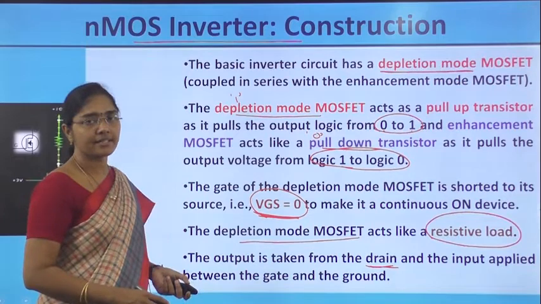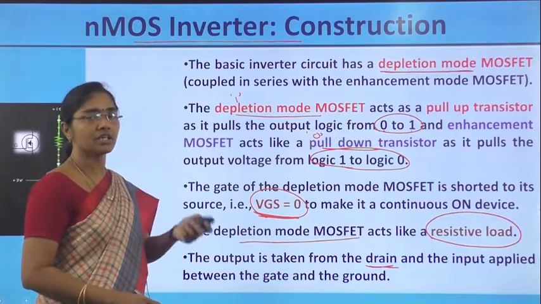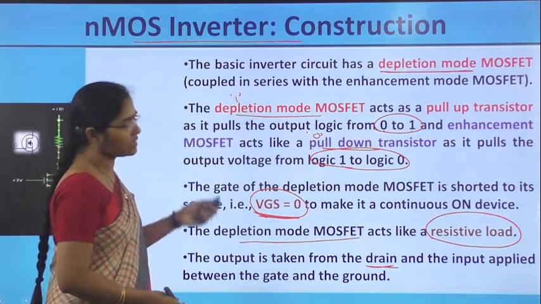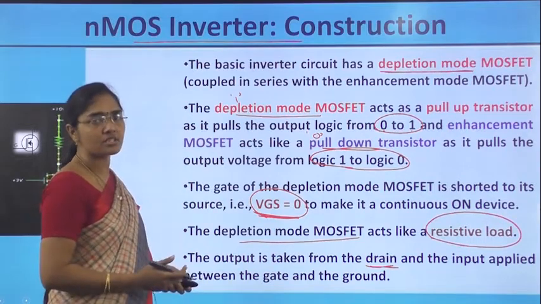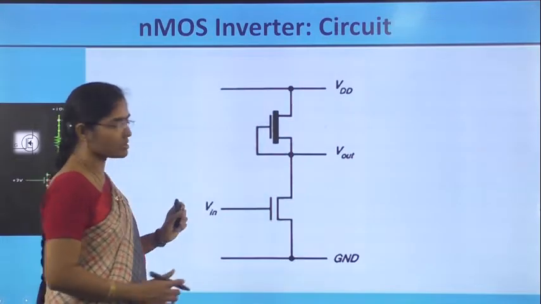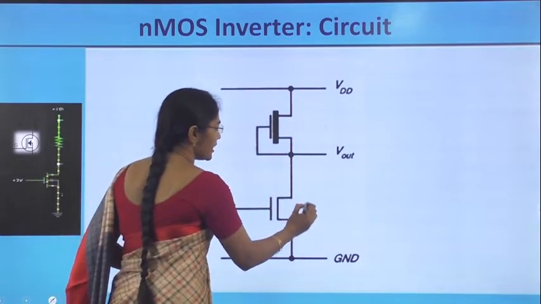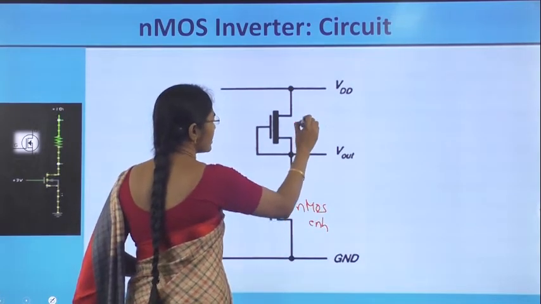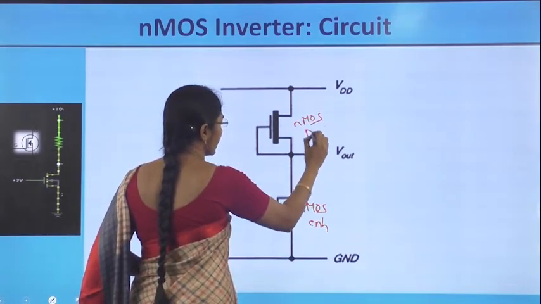And input is connected at the gate of the nMOS enhancement transistor. So by seeing all these constructional features, if we construct a circuit, it will look like this. That is nMOS enhancement transistor, and nMOS depletion transistor as a pull up.